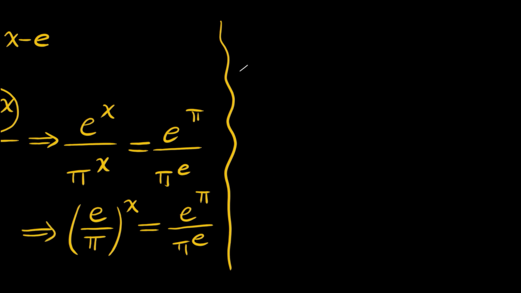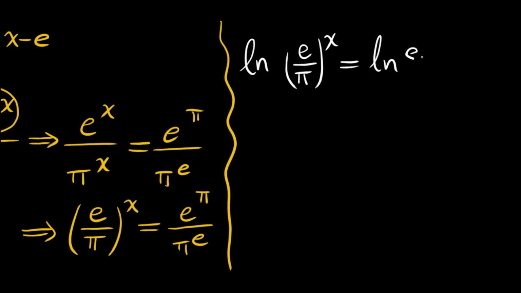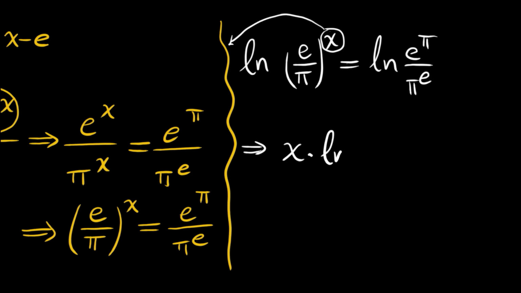Let's ln both sides. We will write ln of (e divided by pi) to the power of x is equal to ln of (e to the power pi divided by pi to the power e). Now we'll have this x here: x times ln of (e divided by pi) is equal to ln of (e to the pi divided by pi to the e).